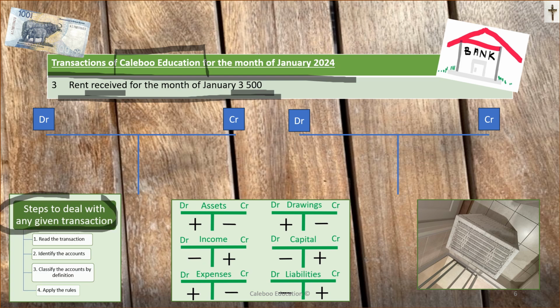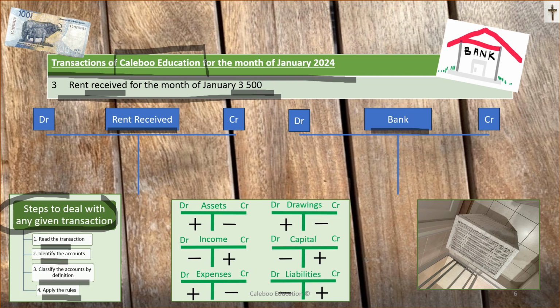Steps to deal with a transaction, we've read it. Identify the accounts involved. The money was received. We need to see if it's an asset, an expense, income, and we need to apply the rules. So we read the transaction, identify the accounts involved, and here we have rent received, and the other account is bank.